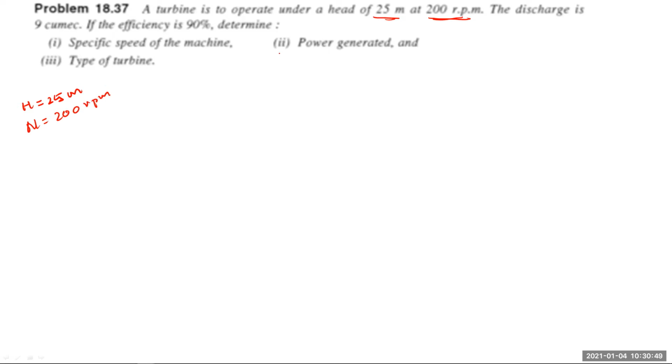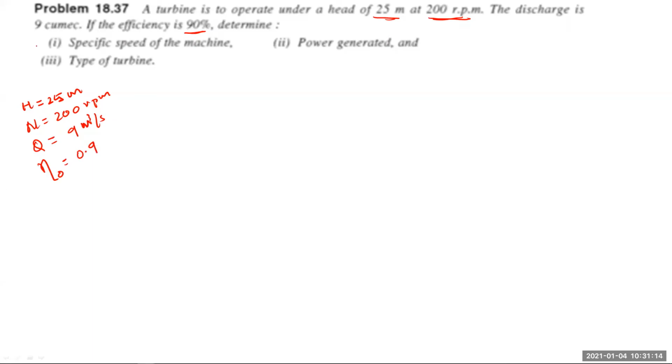The discharge, that is your Q, is given as 9 meter cube per second. If the efficiency is 90%, that overall efficiency is 90%, means 0.9.